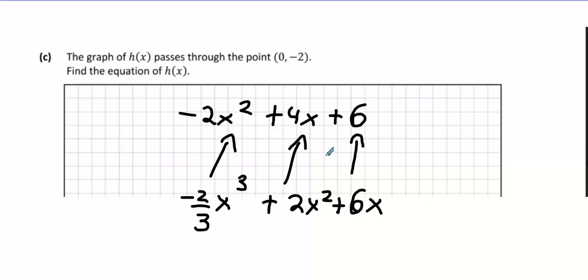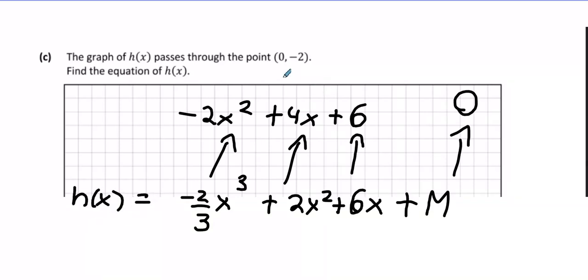Now, next thing is, there could have been a number here. See this number? There could have been a number here that disappeared off to 0. Does everybody see that? We don't know what that number is, so we'll just give it a letter. I'll give it something that doesn't look like an x. We'll call it M. All right? Now, here's what's going to happen, and it's quite easy. What does it tell me about what point is on this?